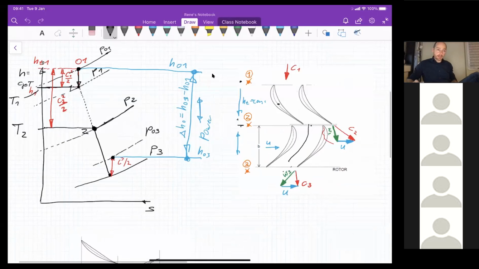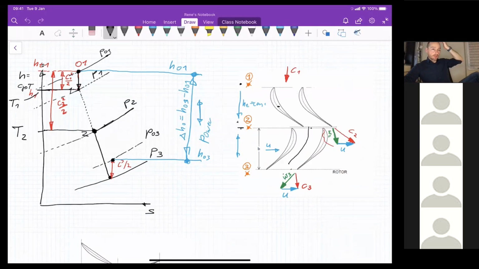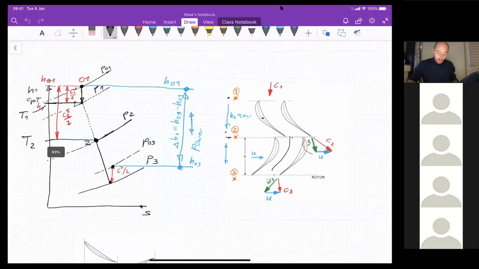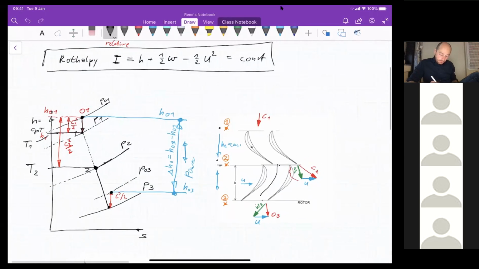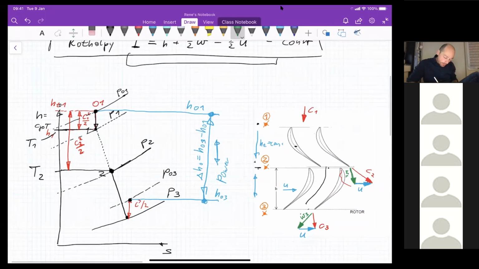So now I'm able to actually also draw the velocities in the HS diagram. And that's what I want to do. If I use this equation here, then I will be able to get from point 2, I will use a different color now, I can draw up here. This is my W2 squared.